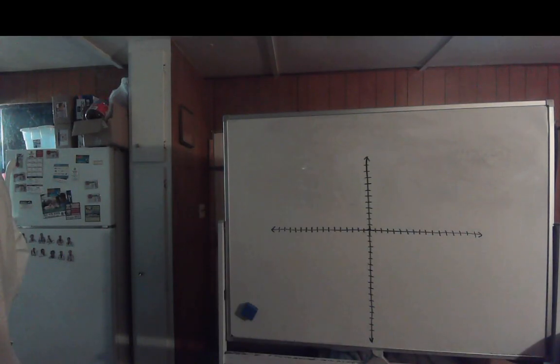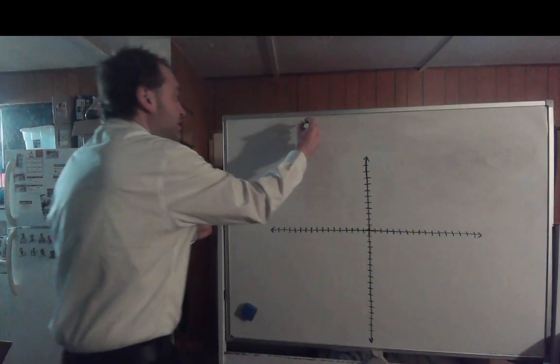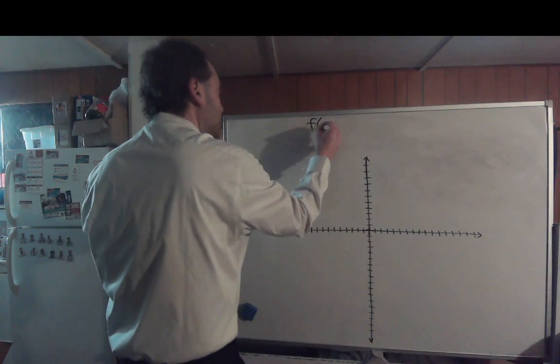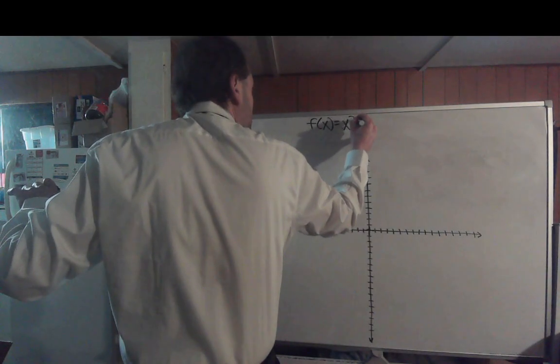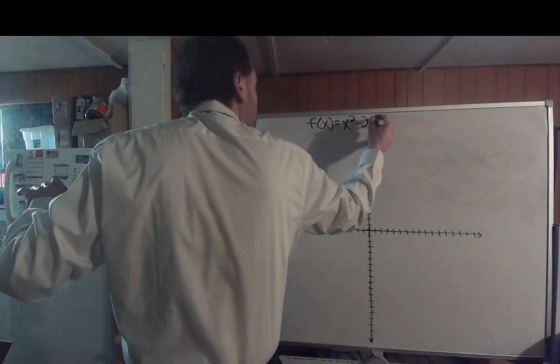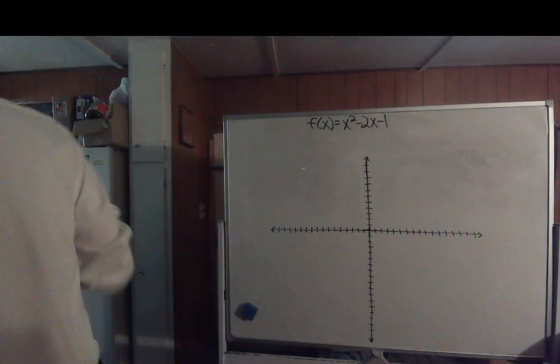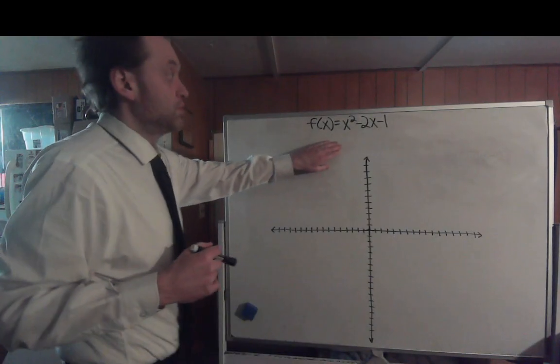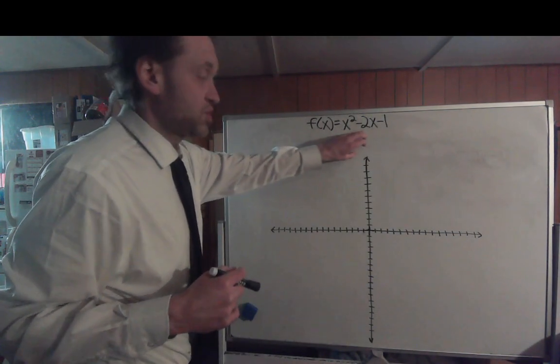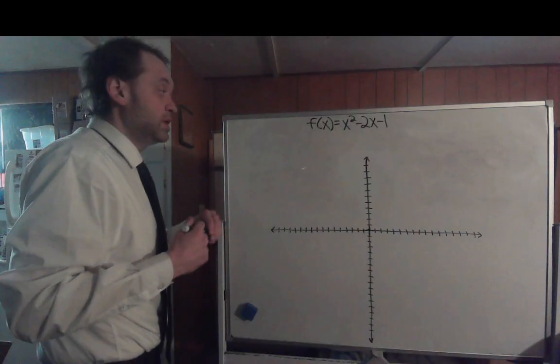Alright, so what do we got here? Let's say we have f of x equals x squared minus 2x minus 1.